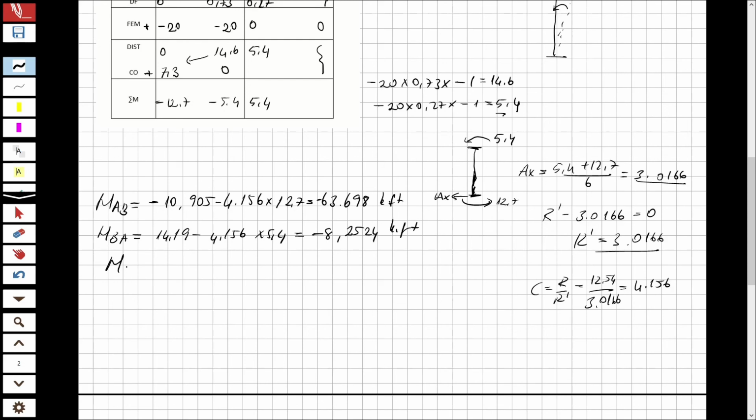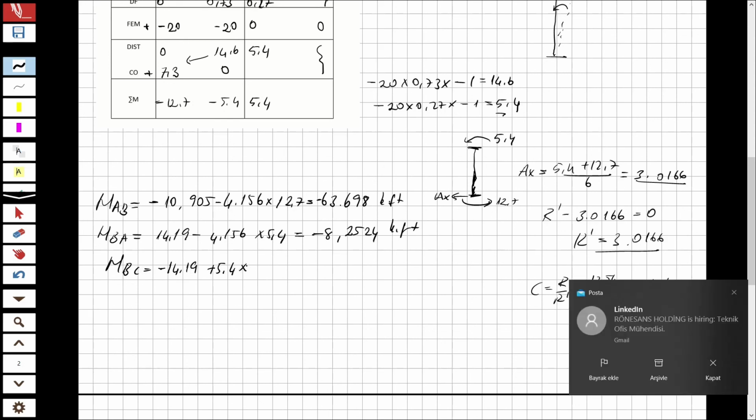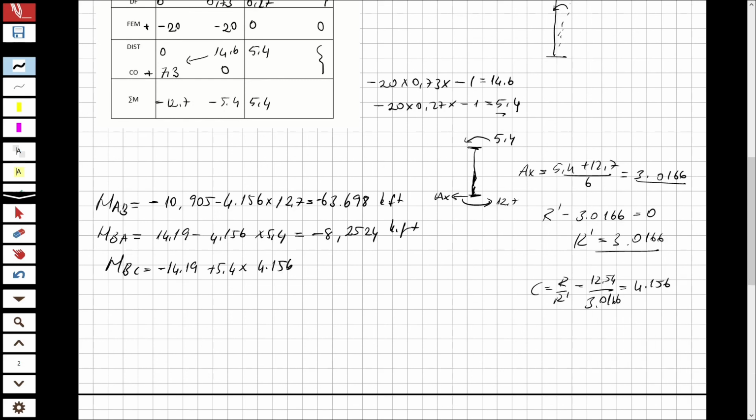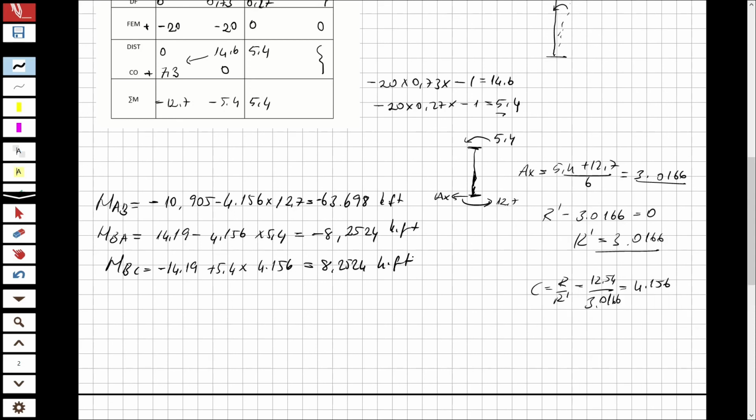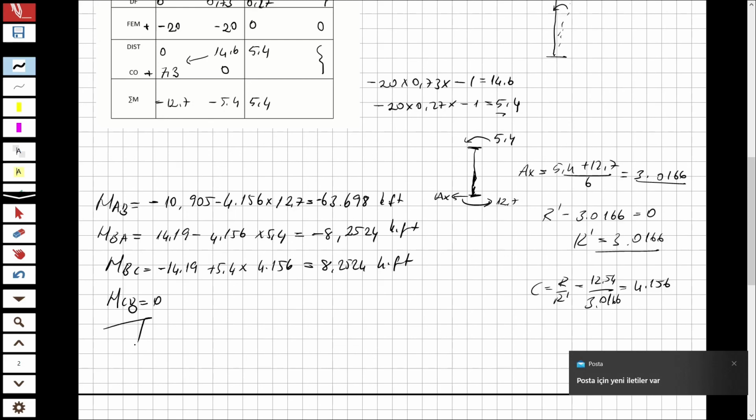So moment BC will be equal to minus 14.19 plus 5.4 times 4.156, which will be equal to 8.2524. For moment CB, you know it's a roller, so it is 0.